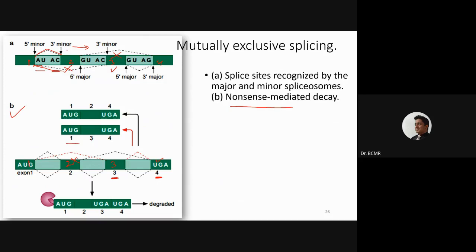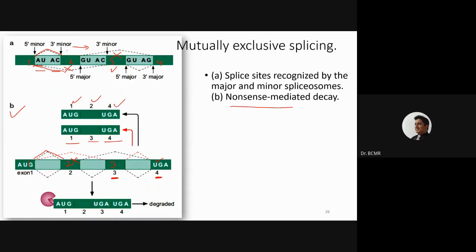So 1, 3, and 4. And there is also another possibility that you can have 1 and 2, 3 is skipped, and 4 is included.